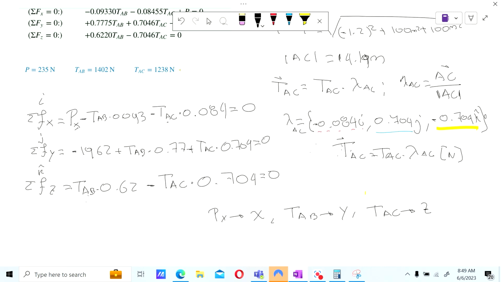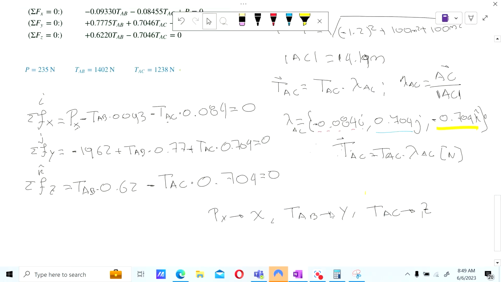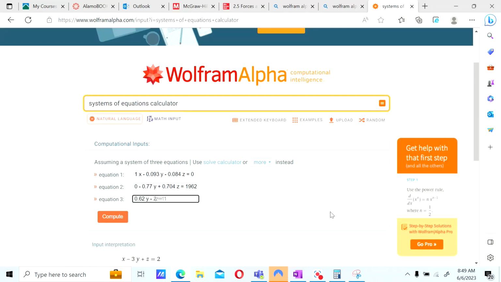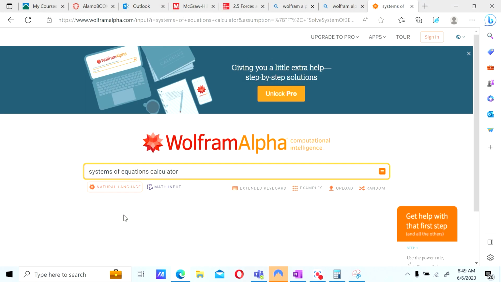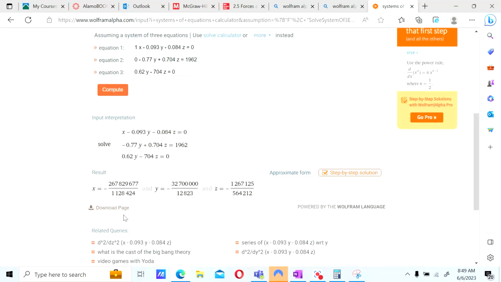Then we have no Px here, therefore we do 0.62y minus 0.704 equals 0. So calculate. Okay, and we get the exact solution.